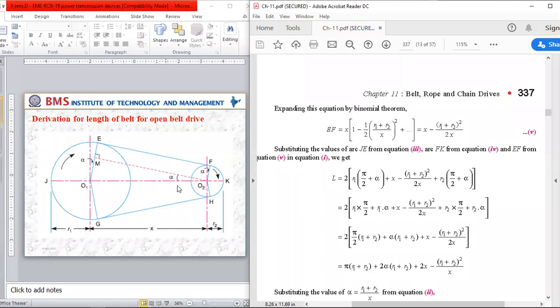Once you know this right angle triangle O1O2M, then by applying the sine formula, that is sine is equal to opposite side by hypotenuse, where the opposite side is O1M and the hypotenuse is O2M. As this angle is going to be very small, sin alpha will become alpha. So when alpha is very small, sin alpha becomes alpha, and in that case the alpha value is substituted in this particular equation.